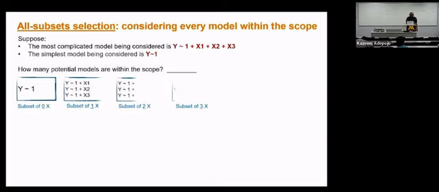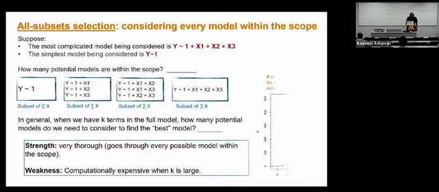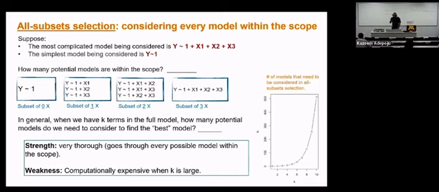Are you surprised with this subset? That was the one I demonstrated the other time using the power of a set. If you have x1, x2, x3, what will be the possible number of modules? 2 raised to power 3 is going to be what? 8. Look at the first one, intercept. Count all of them. How many modules do you have? That is 8. This is what we call subset selection.